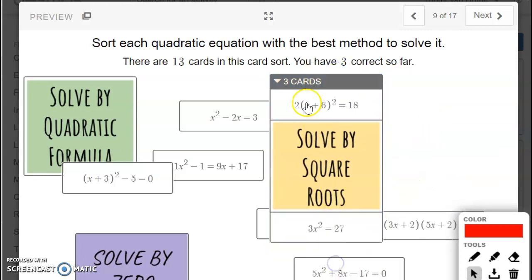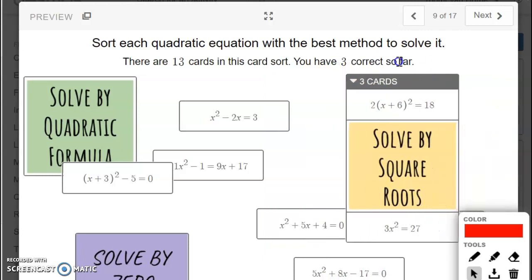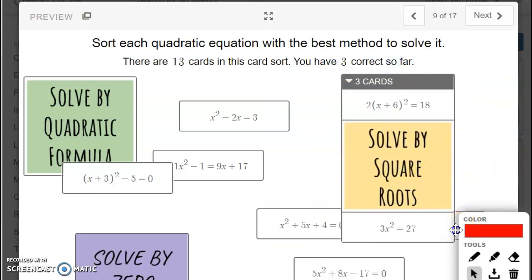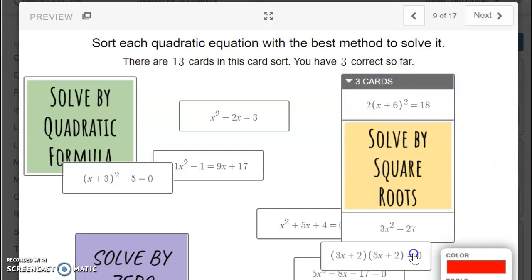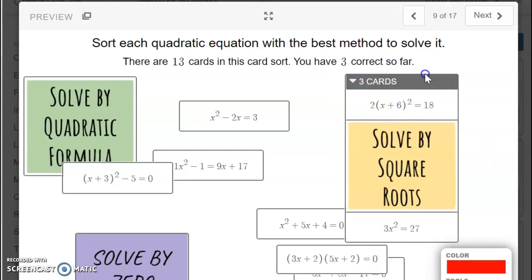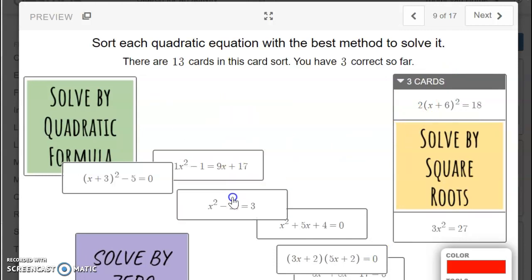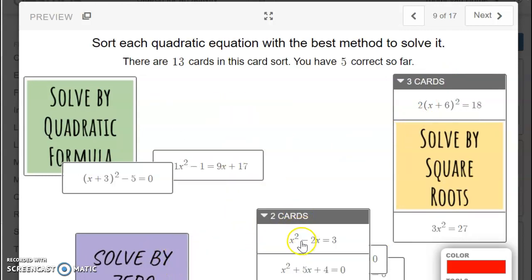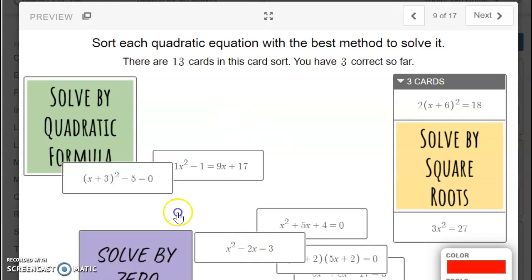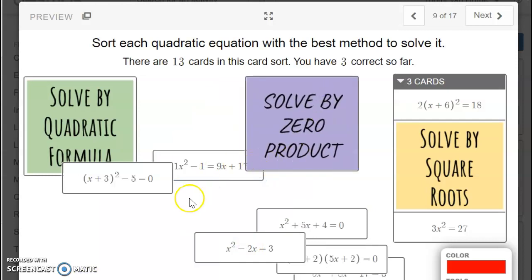Let me move things about so that I am going to be able to see all the equations. Alright, so then here is another equation that is something squared minus 5 is equal to 0.